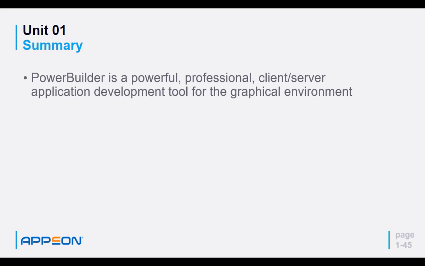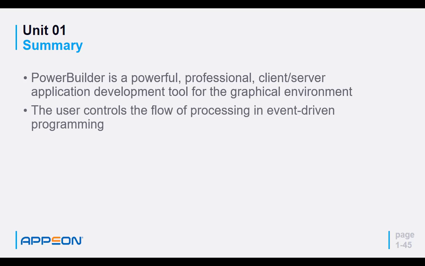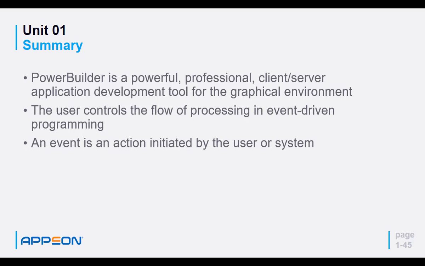So in summary for Unit 1, we've had a look at PowerBuilder. It's a professional, powerful client-server application development tool for the graphic environment. The user controls the flow of processing in an event-driven programming model. An event is an action or message that's initiated by the user or the operating system or another part of your application to another part of the application, basically a message arriving in an object that needs some kind of action.